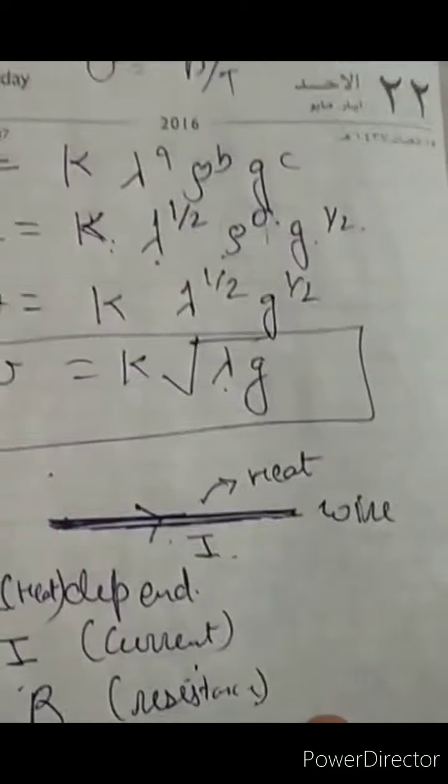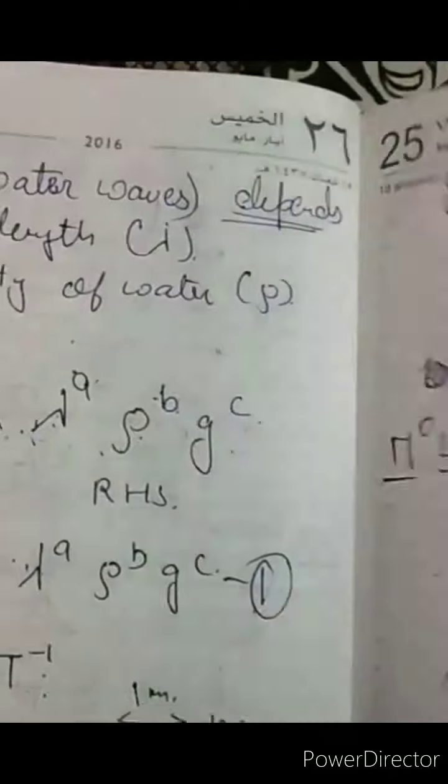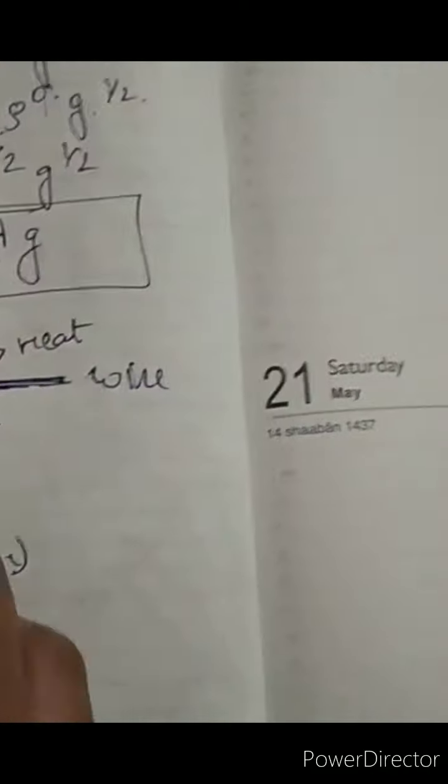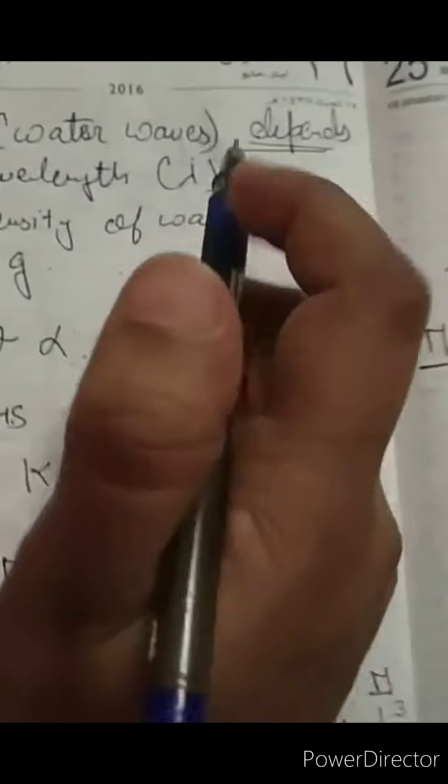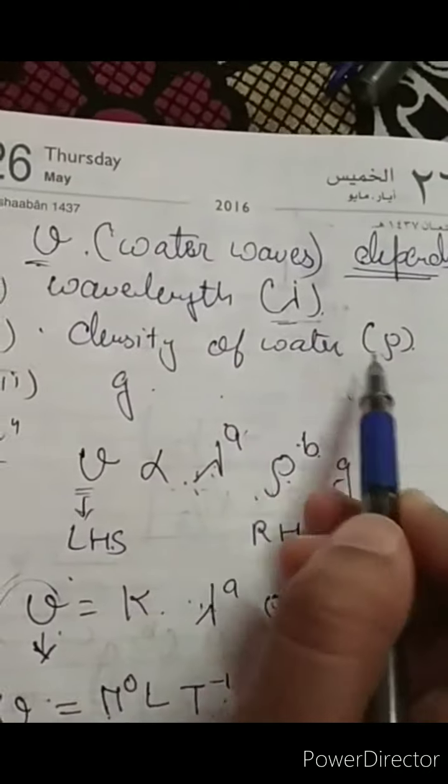Now you have to find the relationship between heat and these three quantities, or in simple words, the formula. Students, one thing I want to mention, maybe you have already noticed it in the previous question also. In question number 2 they have given that velocity depends on lambda, density.